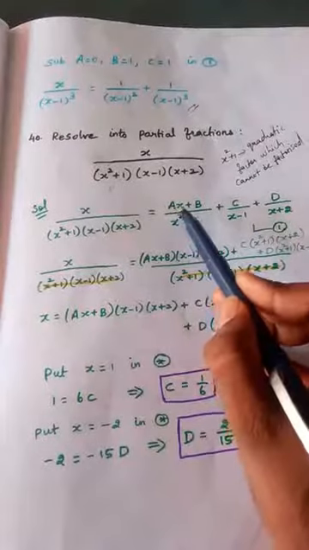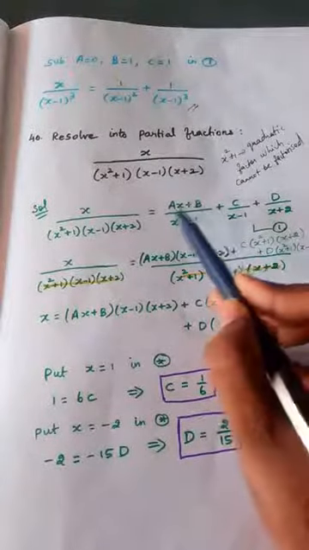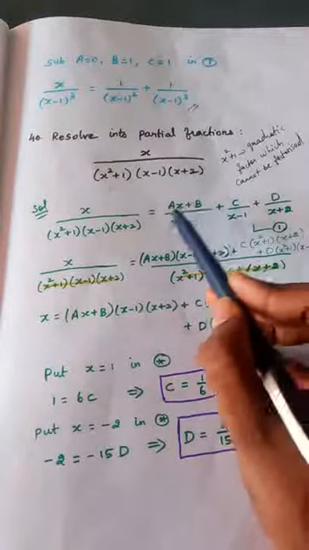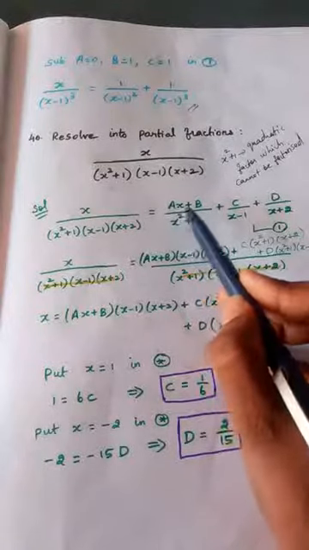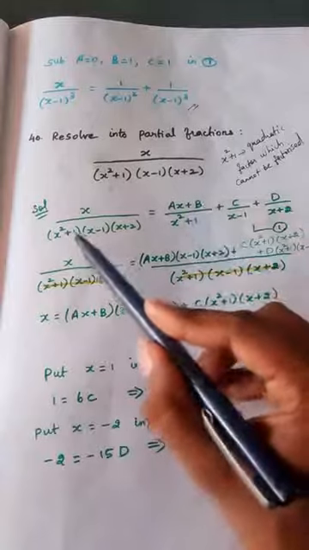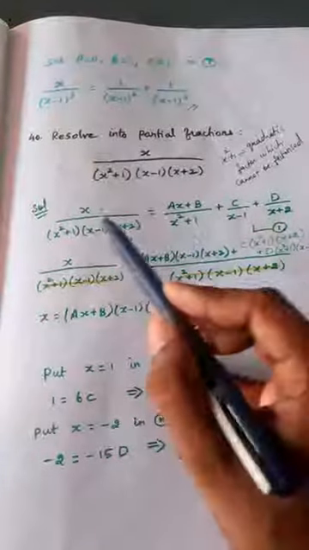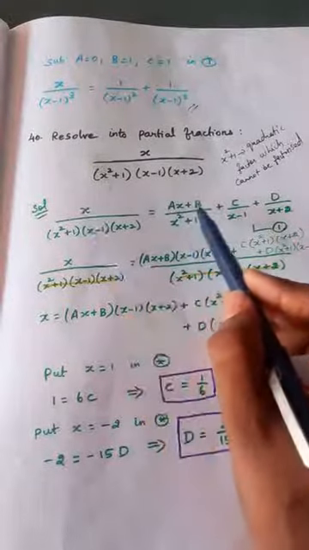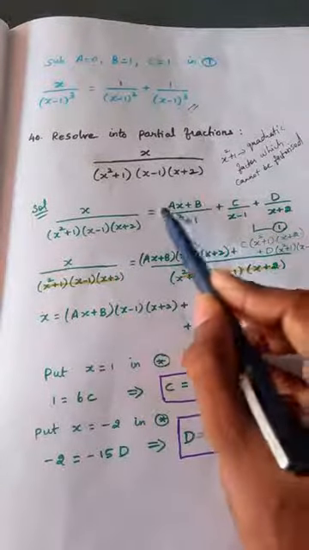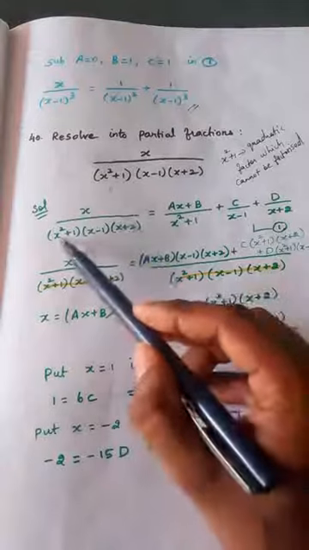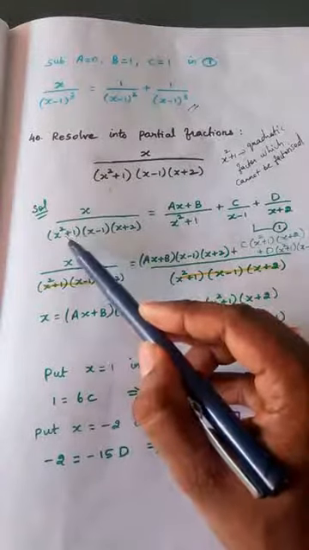That is ax plus b. We are using two constants at the same time. Ax plus b divided by that quadratic factor. Try to understand. When should we use ax plus b, two constants at a time? When a quadratic factor comes which cannot be factorized.